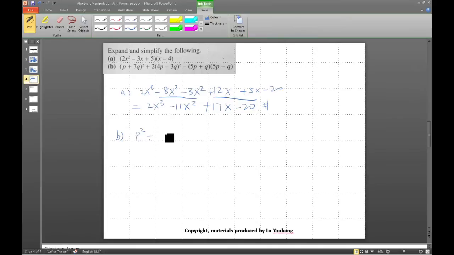Part B is slightly more difficult, but you do the same thing: expand it out. After opening the brackets, be careful here. Students tend to make mistakes when opening brackets, so use small, middle, big brackets appropriately.